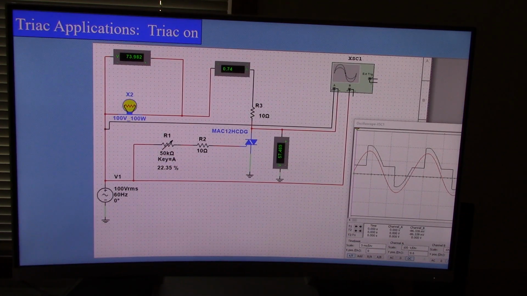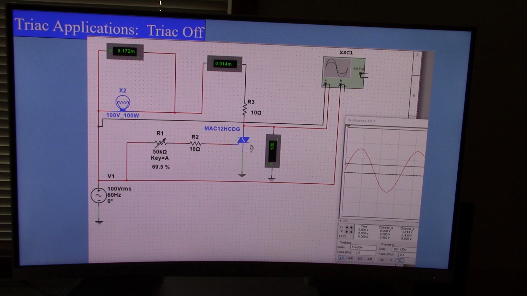Here's a circuit using a TRIAC, and you'll notice that I get an output waveform on the positive-going waveform and the negative-going waveform. So obviously this device is much more efficient, but it just depends on what your application is, whether you need an SCR or a TRIAC. Here, just looking at the voltage, I can say that this device is shut off, because this voltage is equal to this voltage and the current is 0.